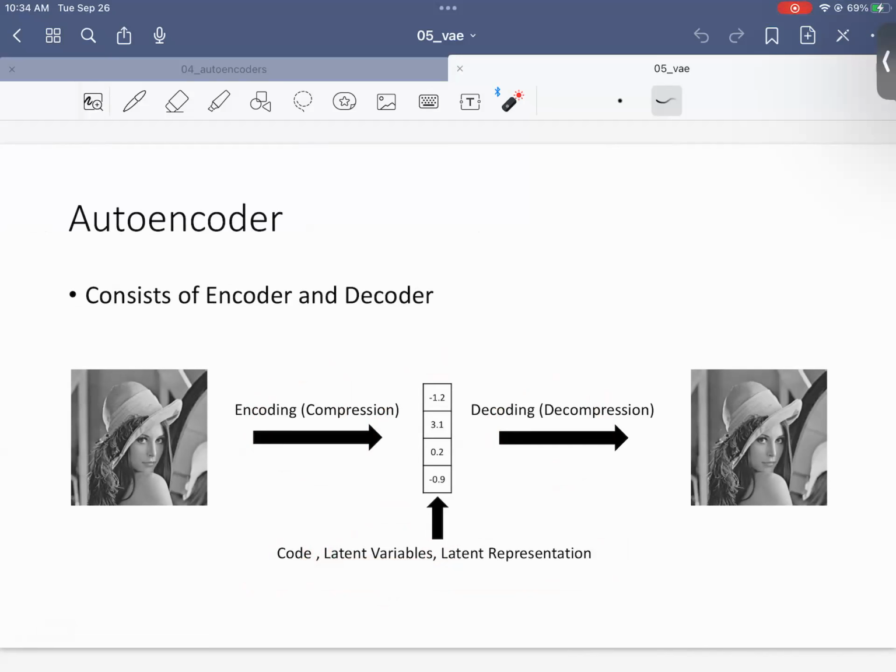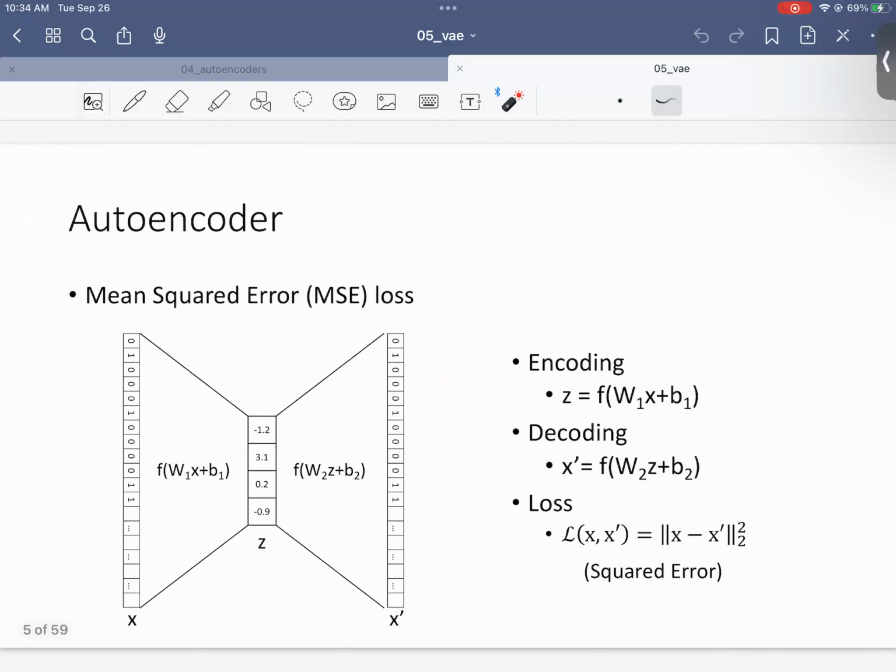So that's the setup. The simplest form of autoencoder was just one layer on each side, a nonlinear transformation F from the encoder side and on the decoder side as well. And we typically use the MSE loss, the mean squared error loss.